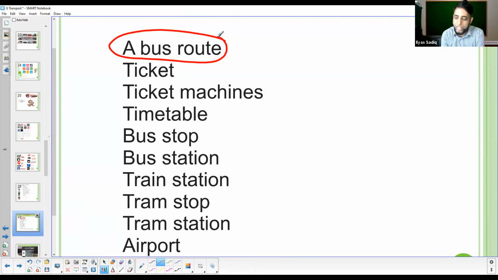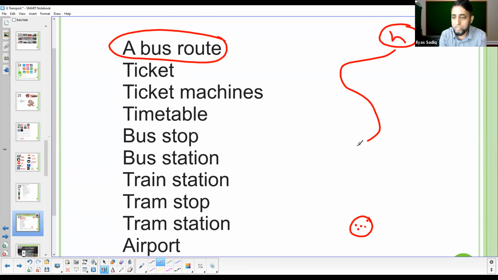Yeah, for example, this is a city center, right? And you live here, at home, right? Now the bus goes all the way from different places to the city center. So this is your home, this is another town, or this is something else. Then there are different bus stops.